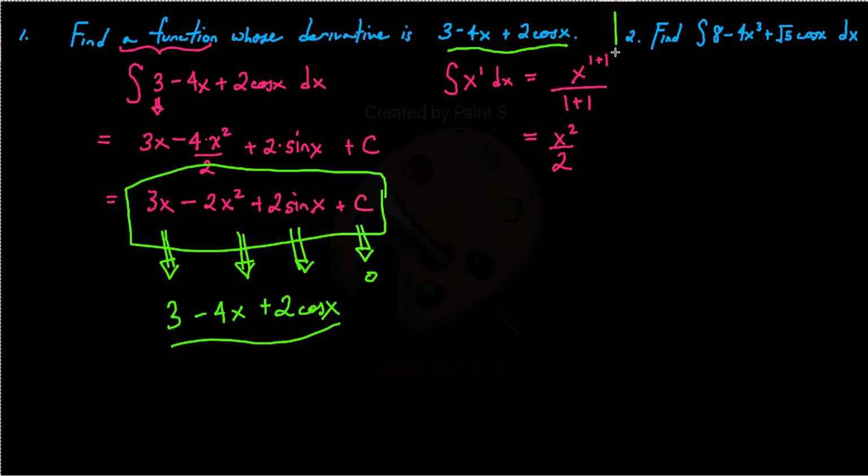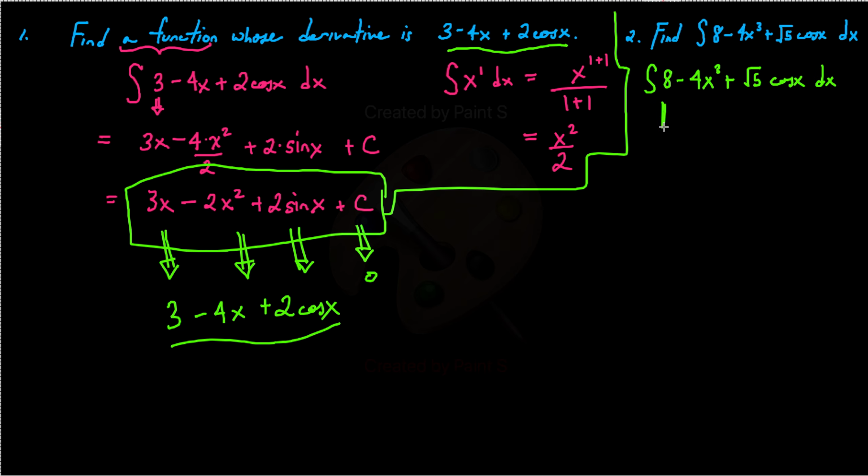Now, similarly, it could just go straight into asking us something like this. Find the antiderivative of 8 minus 4x cubed plus the square root of 5 times cosine x dx. And again, you want to anti-differentiate in pieces.